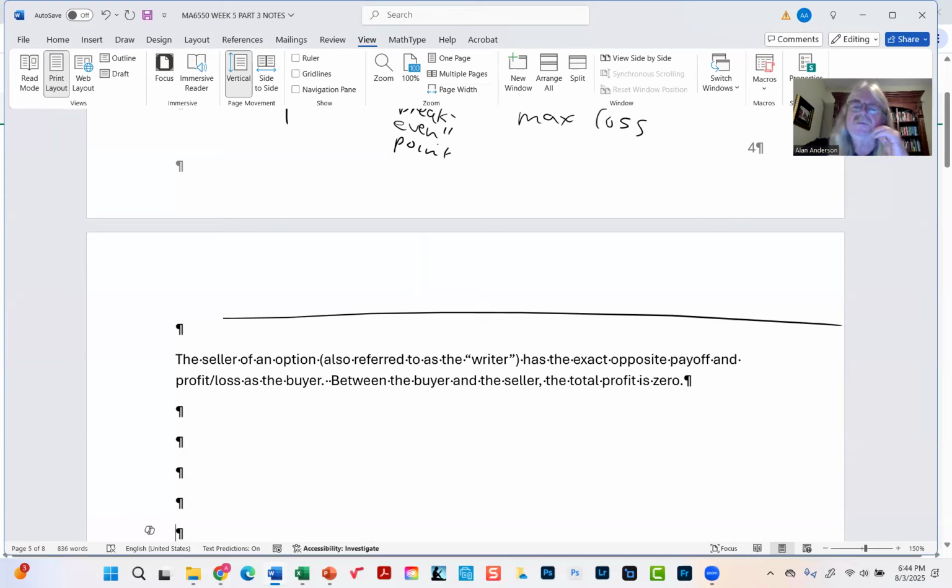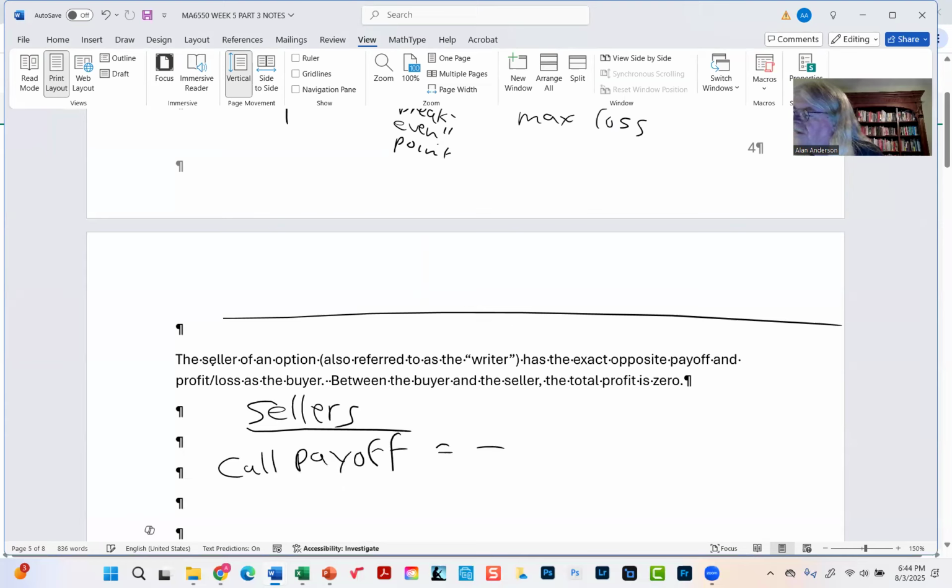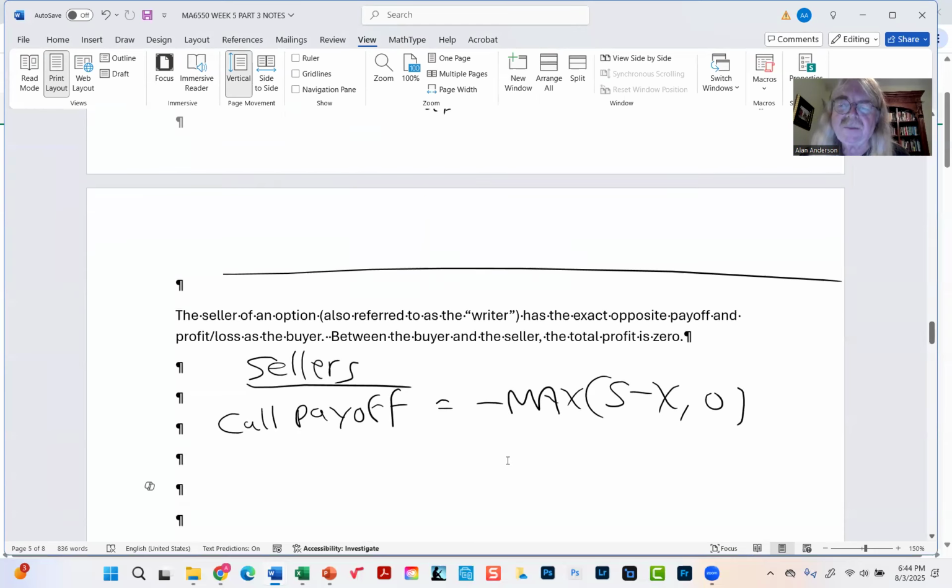And so for the sellers, the call payoff is just a negative of the call payoff to the buyer. Every dollar that I make as a buyer in my payoff is a dollar lost to the seller.